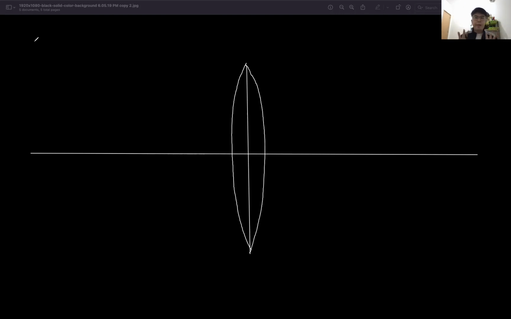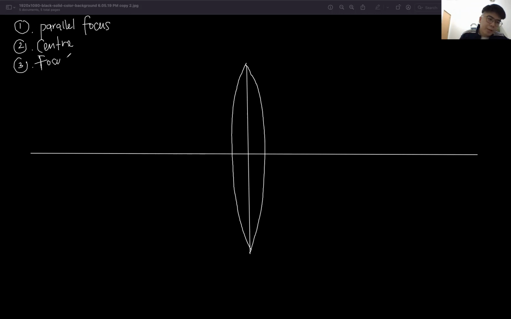To sketch a ray diagram, all you need to do is remember 3 things. Number 1, parallel focus. Number 2, center. Number 3, focus parallel. Only these 3, okay? Parallel focus, center, and number 3, focus parallel.